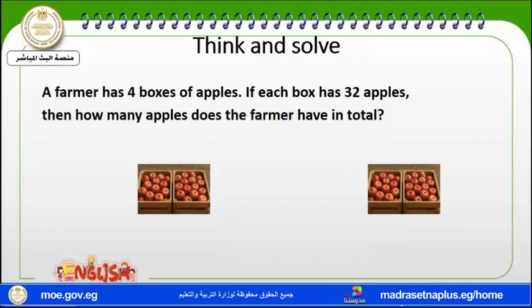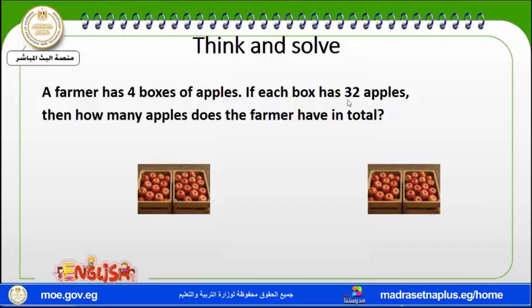Now we have a problem and we are going to think together and solve it. The problem is that a farmer has 4 boxes, as you see: 1, 2, 3, 4. These are 4 boxes of what? Apples. Great.